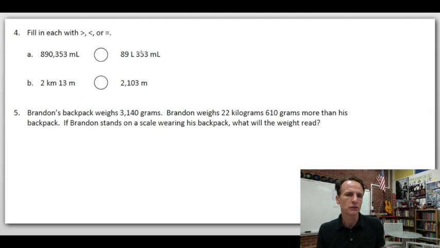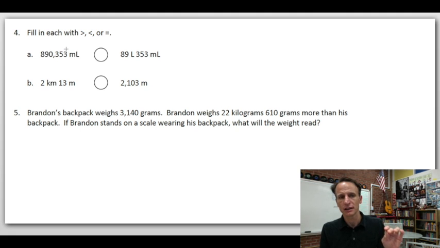Now we could do this one of two ways. We could take the mixed units here and make it all milliliters, make it all the smaller unit, or we could take the smaller unit and make it mixed units to make it easier to do a direct comparison. Let's take the smaller unit, the milliliters here, and put that into liters and milliliters, into mixed units. So when I look at this 890,000, I know that that's a certain number of liters, and I know that 1 liter is 1,000 milliliters.